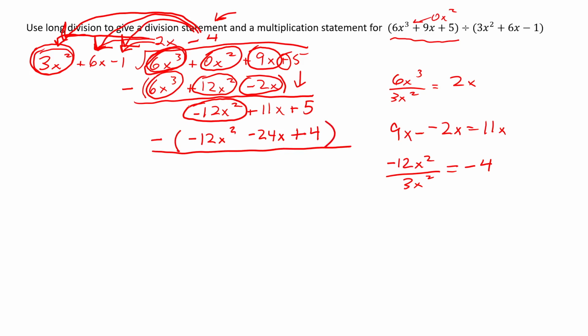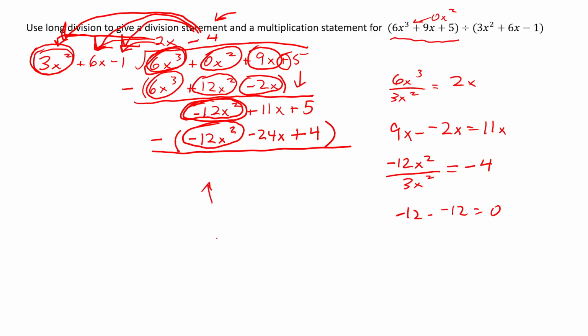And now I just deal with the columns. What's negative 12x squared minus negative 12x squared? Negative 12 minus that negative 12 is 0, so it's 0x squared. I don't have to put anything under there.